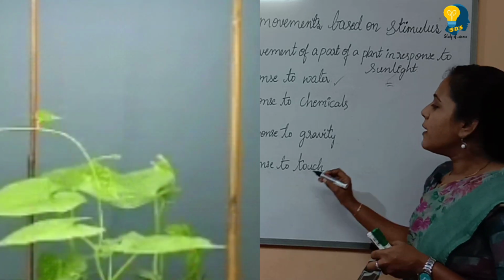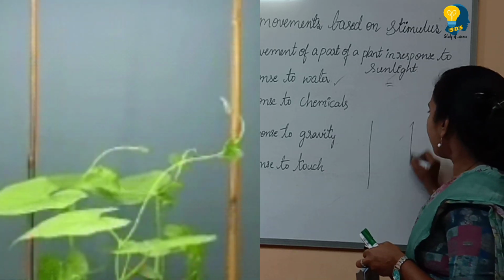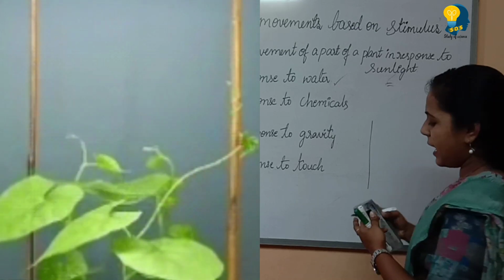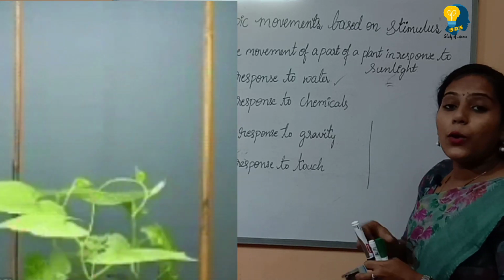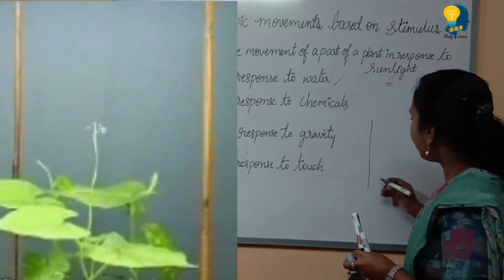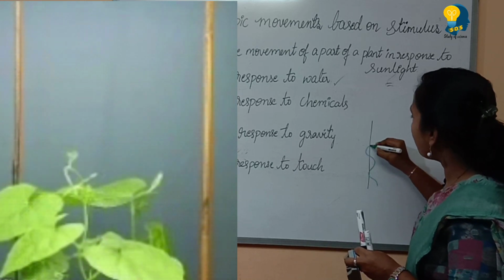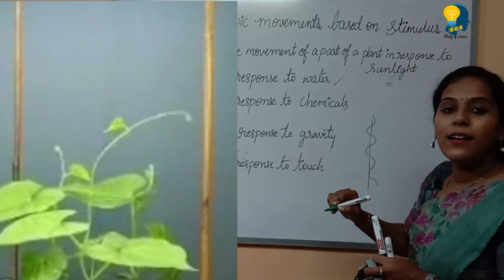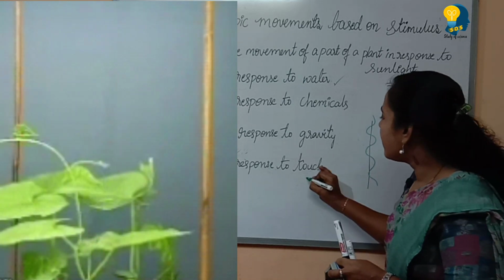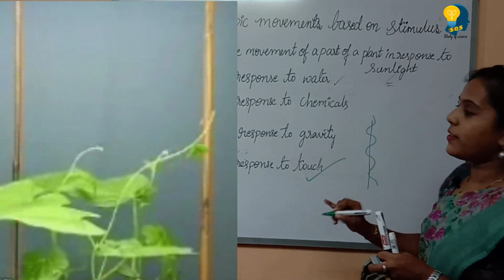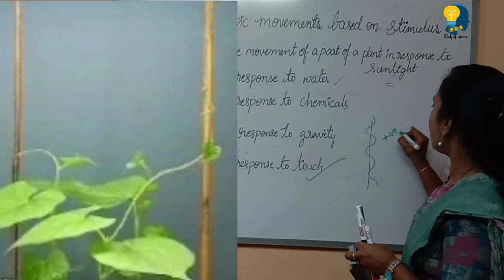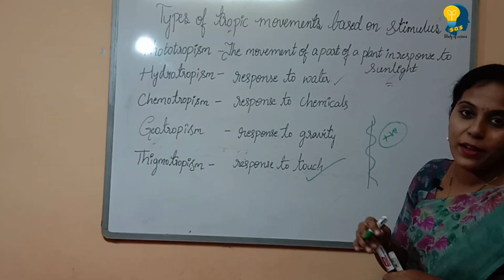Correct? So if the plants are growing when they come in contact with some touch, then the plants are showing what kind of movement? Positive thigmotropism.